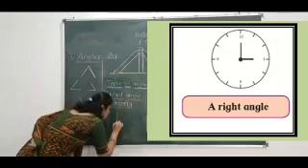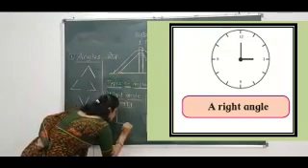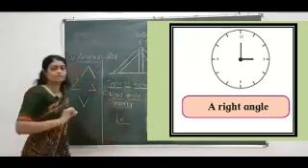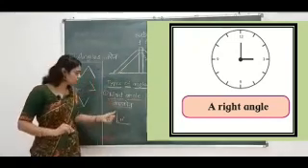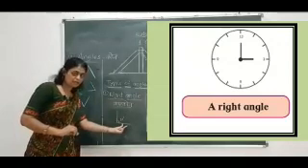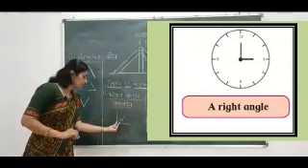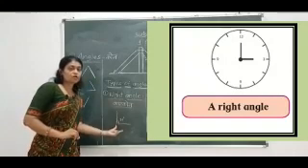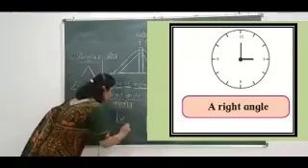An angle between two sides that is 90 degrees is called a right angle. Once again I repeat, an angle between two lines that is 90 degrees, where the upper side line is straight, is called a right angle. It can be like this.